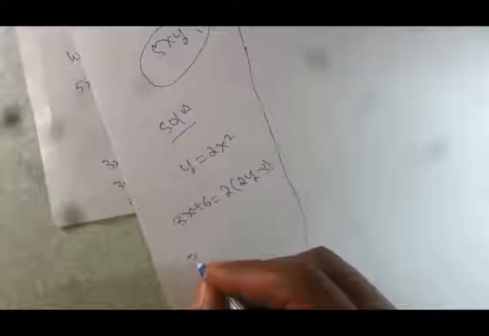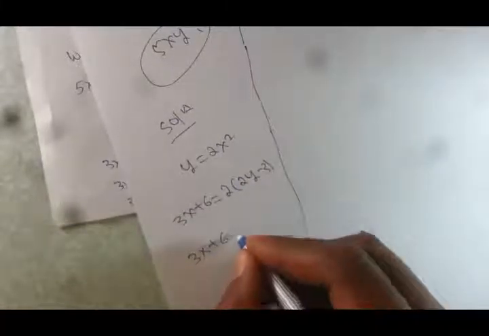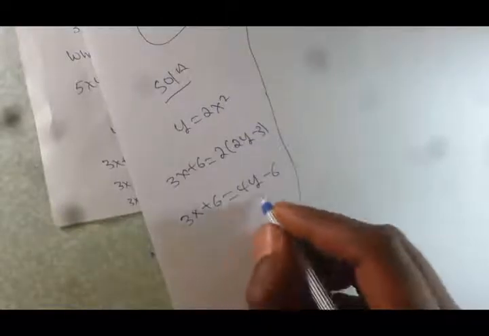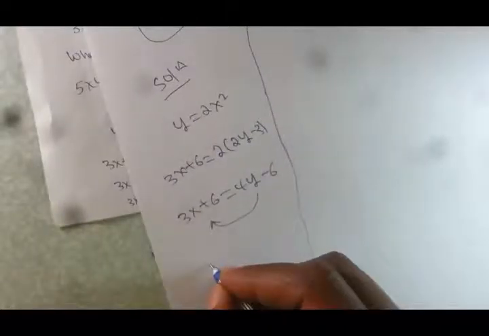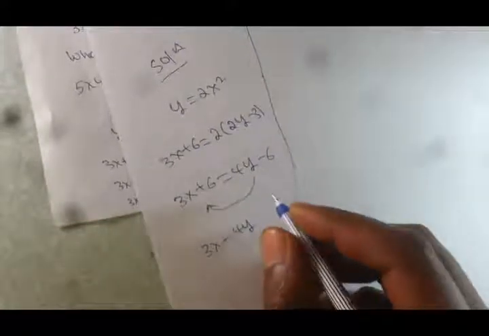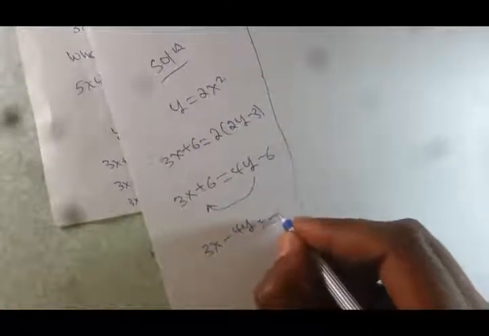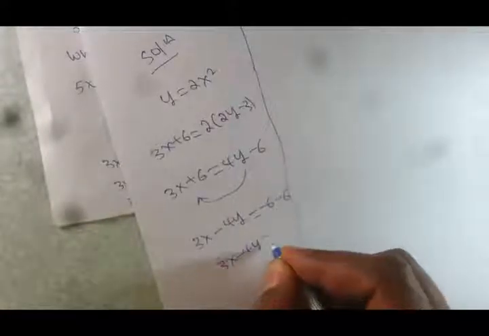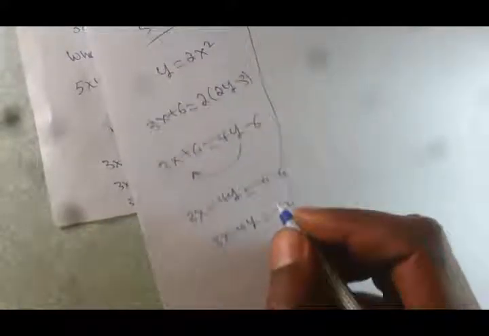Therefore 3x plus 6 also can be written as 4y minus 6. Therefore when we bring this to the left, 3x minus 4y is equal to minus 6 minus 6. Therefore 3x minus 4y is equal to minus 12.